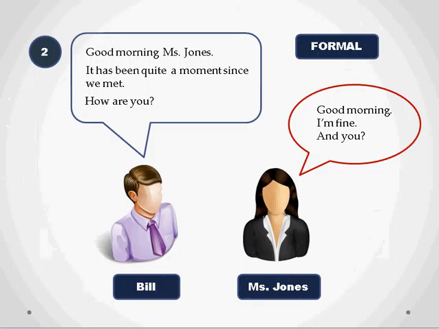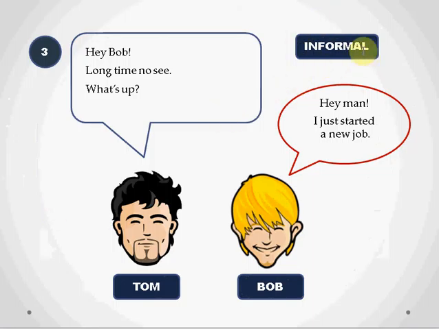Let's look at another example here. This time, the language will be informal. So we here have Tom and Bob in their meeting, and because they're good friends, Tom is using informal language. He's saying things like, "Hey Bob, long time no see. What's up?"